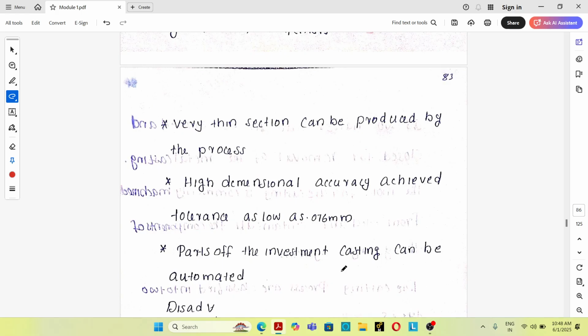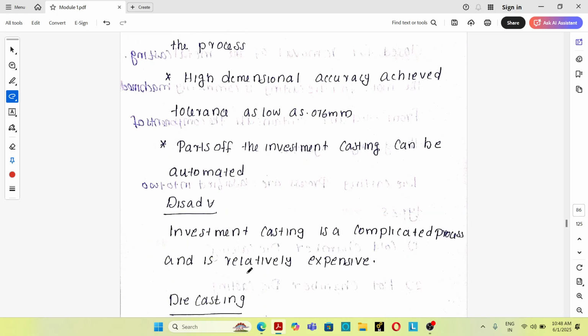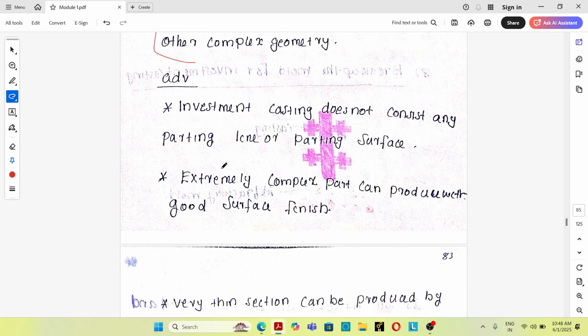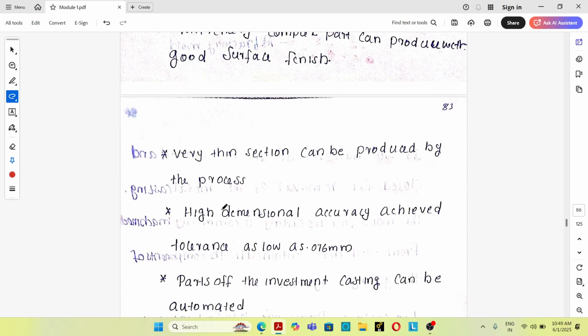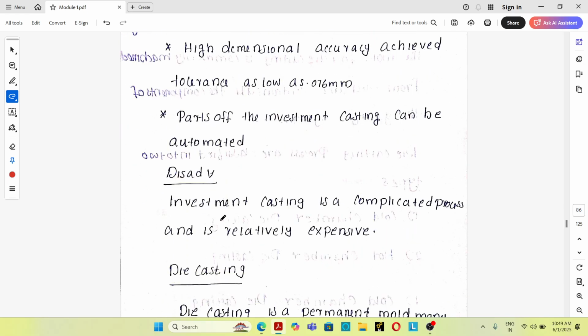High dimensional accuracy is achieved, with tolerance as low as 0.076 mm. The parts of investment casting can be automated. So these are the advantages of the investment casting process. Any complicated geometry can be produced without a parting line, that's the main characteristic of the investment casting process.